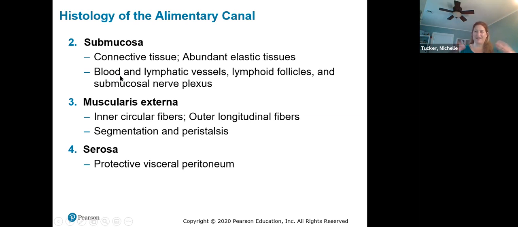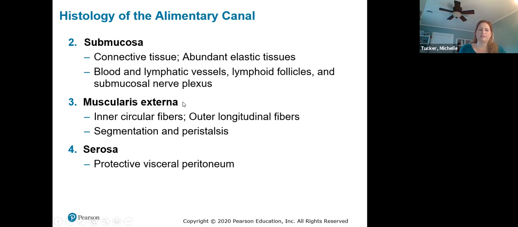Moving on out, we have the muscularis externa. It has 2 layers. When we get to the stomach, we'll talk a little more about how its layers are arranged. But in general, the inner layer is going to be circular, surrounding the lumen, with the outer fibers longitudinal.